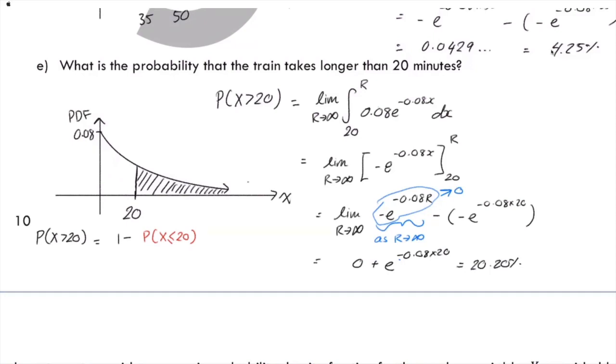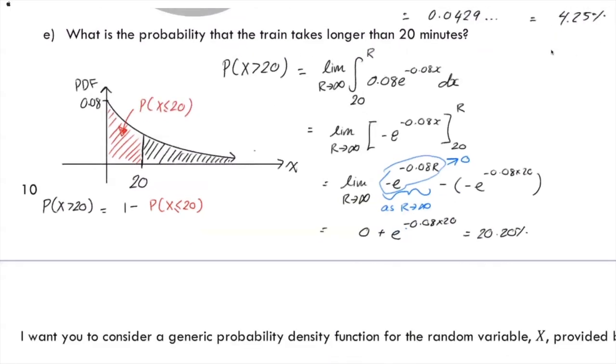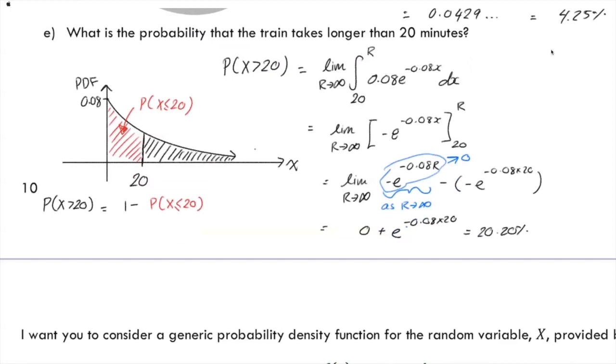Okay, and the probability x is less than or equal to 20, I find that area there, because that area there is the probability x is less than or equal to 20. We're not going to do it because that's just another integral, but it'll be 1 minus the integral from 0 to 20.